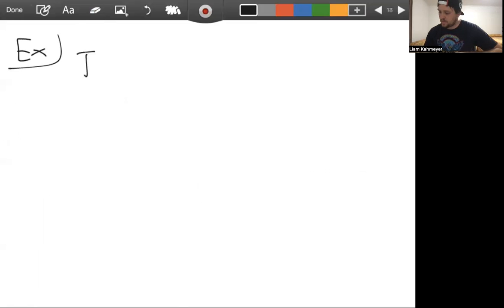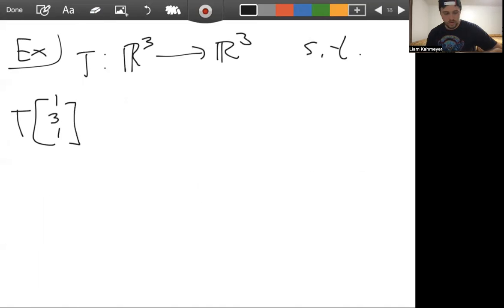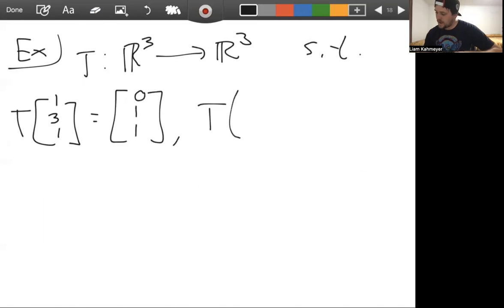Let T be a map from R3 to R3 such that we know how it acts on (1, 3, 1), which is (0, 1, 1). We know how it acts on (0, 1, 1), which equals (2, 1, 3).